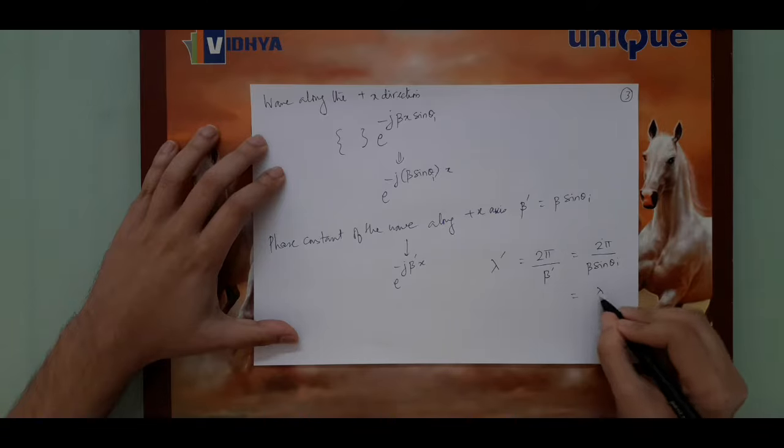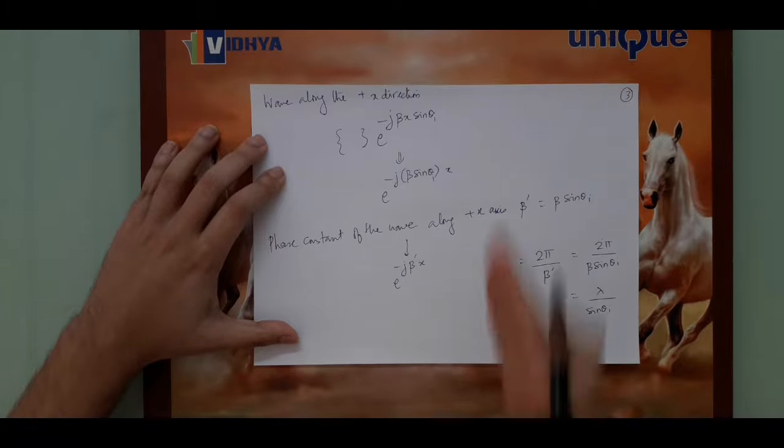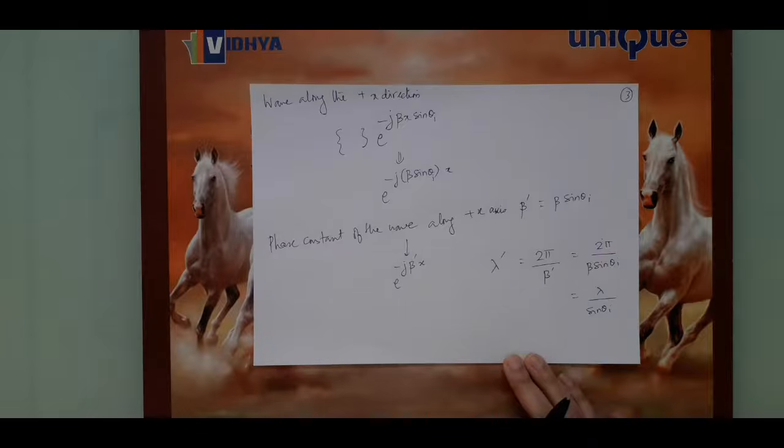So this is lambda by sine theta I. This is the wavelength of the wave which is traveling along the plus x direction, if you say that way.